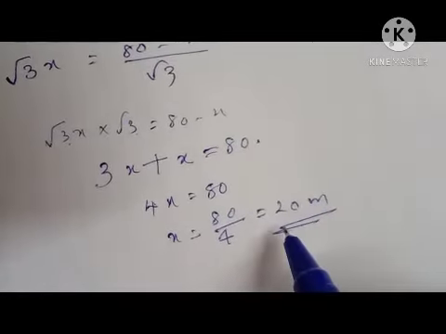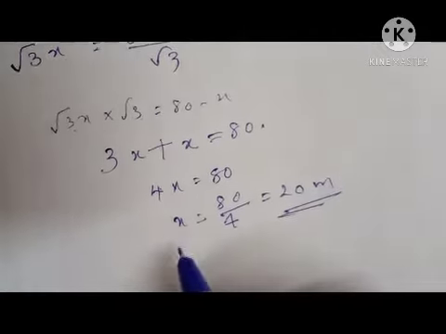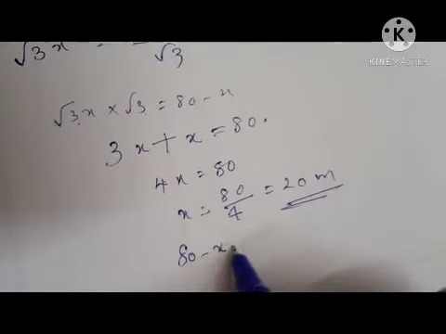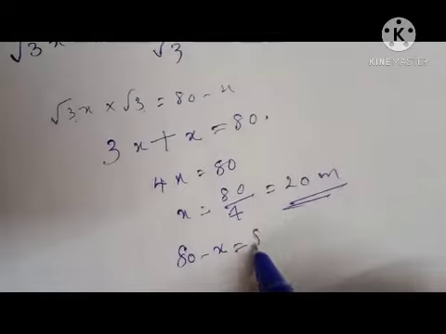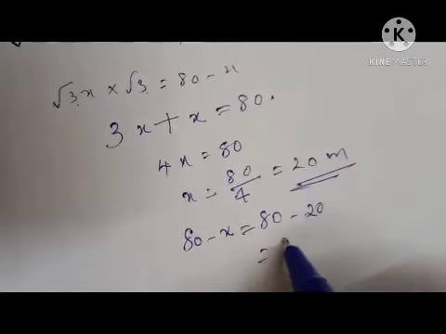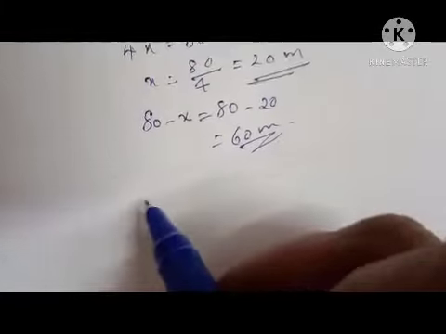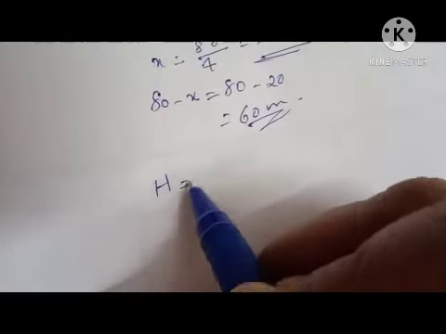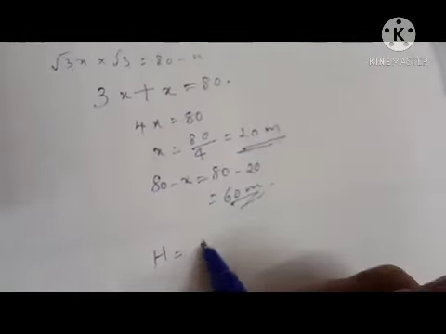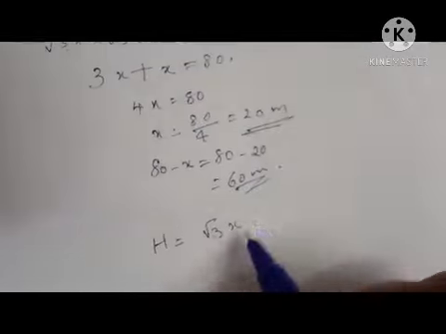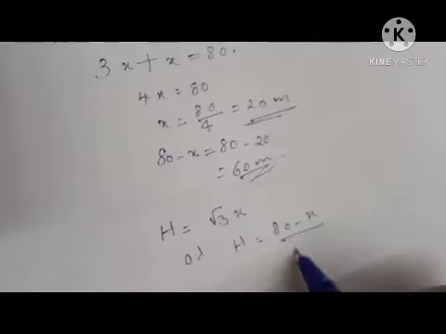That means the distance between the palm tree AB and O is 20 meters. Then what is 80 minus x? The other palm tree's distance from O is 80 minus 20, that is 60 meters. Then we have to find the value of h. We got h equals root 3 x, or h equals (80 minus x) by root 3.